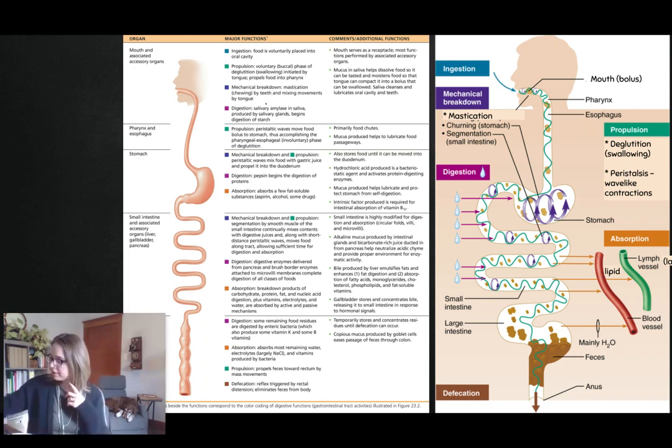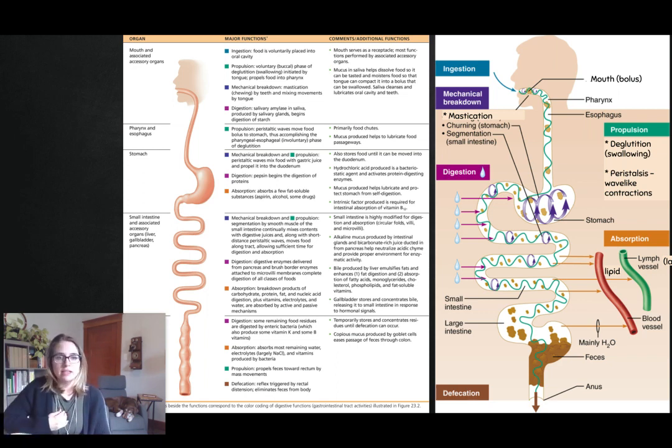Now, if I were to leave, without chewing it up and swallowing the clementine, or maybe my little Jolly Rancher here, I would actually be able to do digestion, chemical digestion in my mouth because of salivary amylase. Now, I also mechanically break down that food through chewing as well. So there's 4 different processes that happen in the mouth.